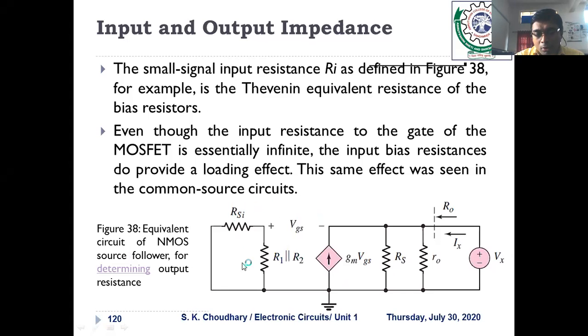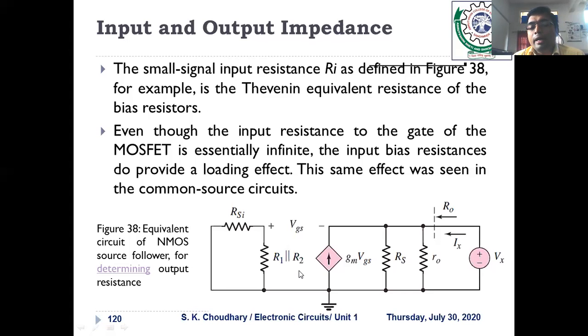If you observe the input network of this circuitry, there is a parallel combination of R1 and R2, that is nothing but a biasing resistor that contributes to the input impedance of the common drain circuit. Even though the input impedance of the MOSFET is infinite, this biasing resistor provides a loading effect, and because of that the input resistance of this amplifier becomes finite.